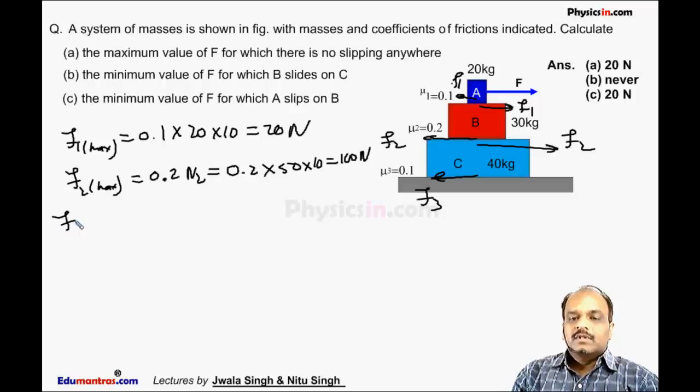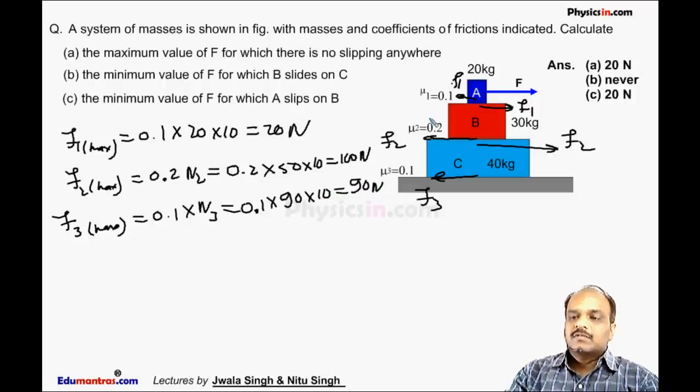In the same way, the maximum value of F3 is 0.1 times N3, and N3 is the weight of all this, so 0.1 into 90 into 10, equal to 90 Newton. So the maximum friction force between A and B is 20 Newton, between B and C it is 100 Newton, between C and ground it is 90 Newton.